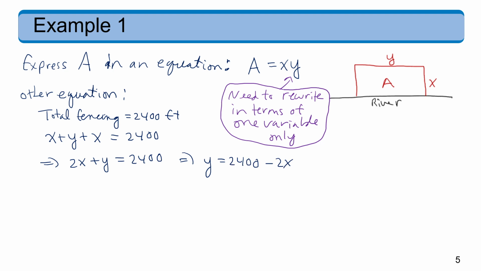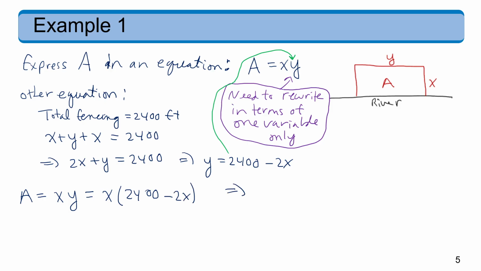So now we're going to take what we just found for y and substitute it in right here. Okay, so we're going to now rewrite our area equation, A equals xy, and then substitute in, so x times, replace the y with 2,400 minus 2x.